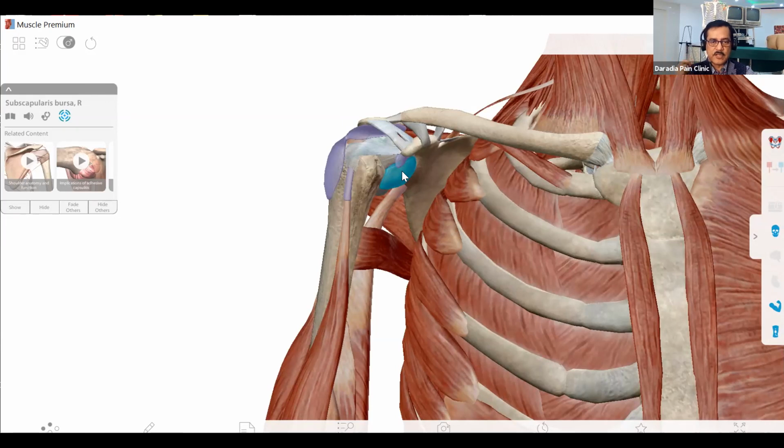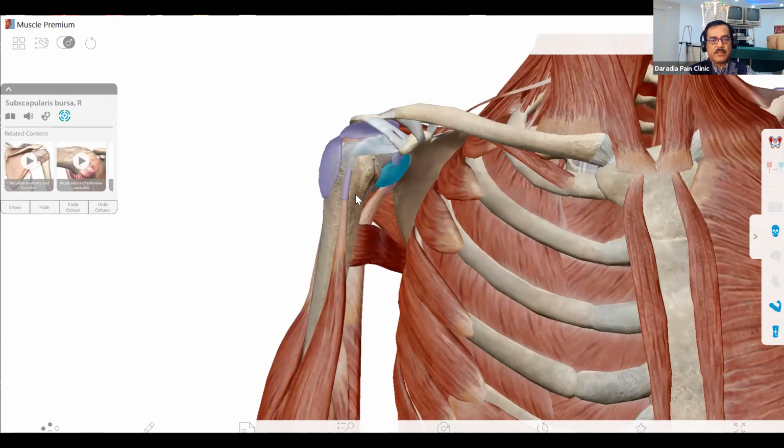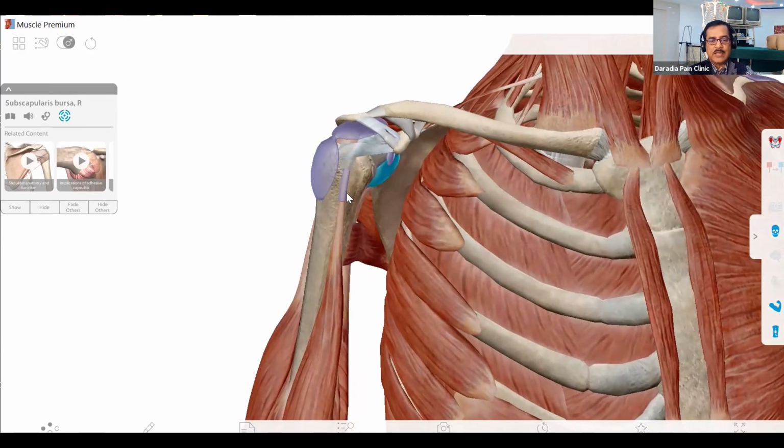It is there, USG guided aspiration of the subscapularis bursa. So you can see that in our YouTube channel. So this is one of the important sources of the pain, as well as subscapularis tendinopathies are also an important source of the pain. Then we are having a few important ligaments.